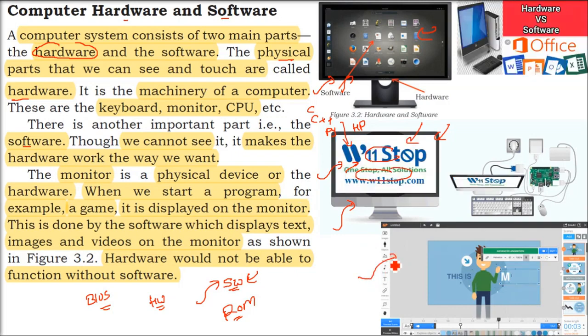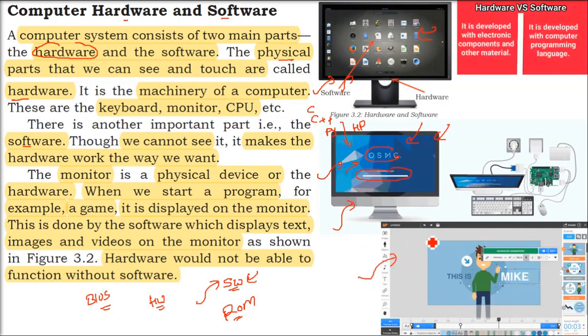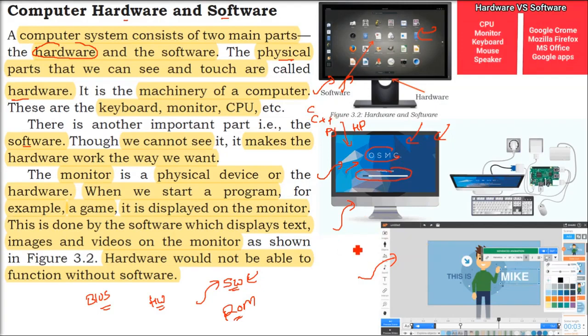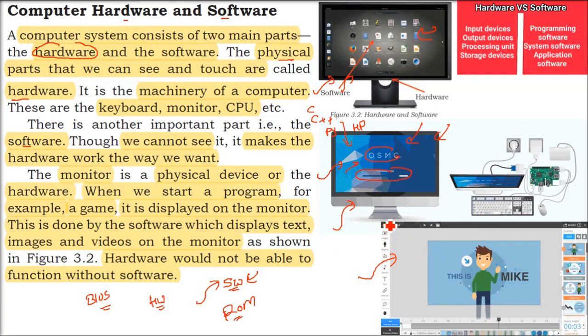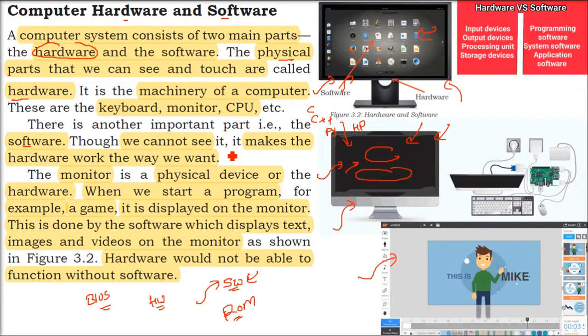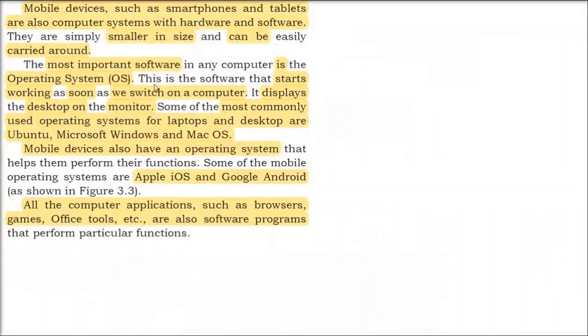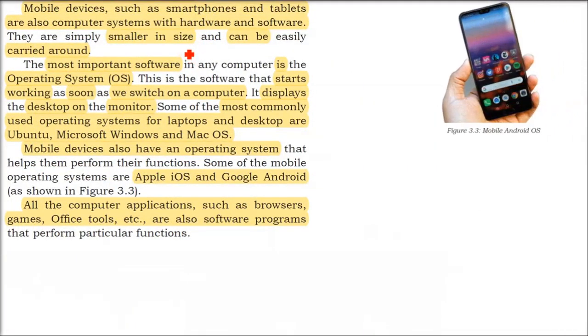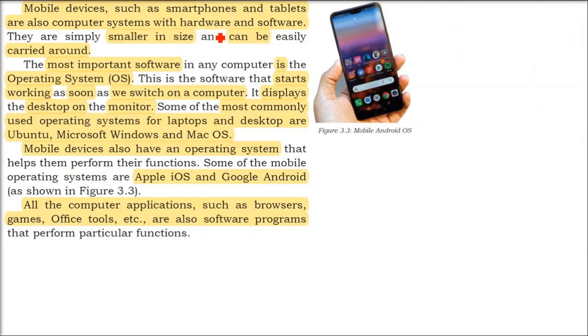These are examples of software in which we can do various daily activities like making presentations, some typing activity, some gaming, or various other things like social media and browsers. Mobile devices like our smartphones and tablets all come under this computer system because they also have hardware and software.